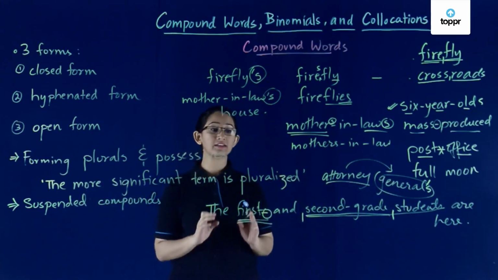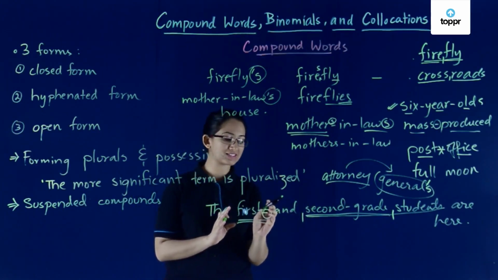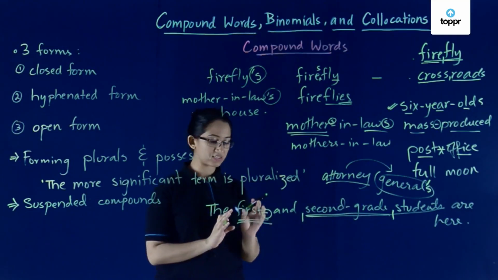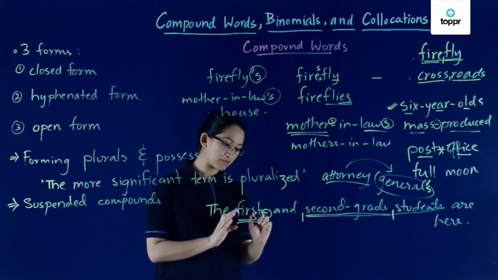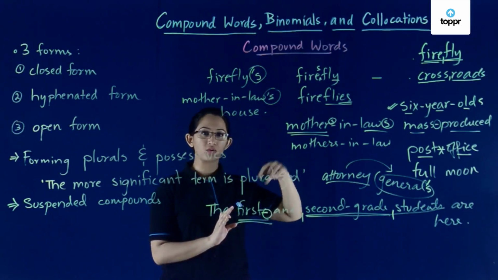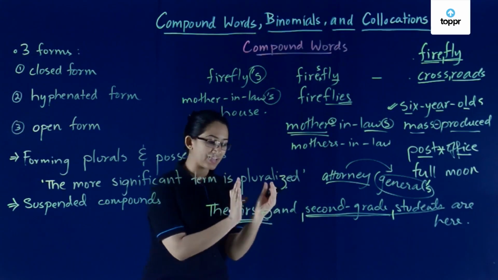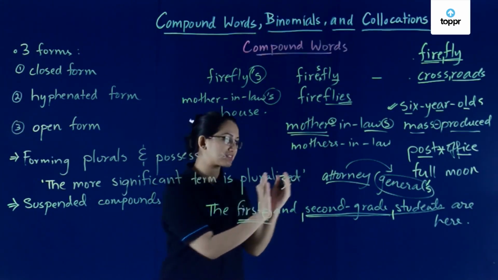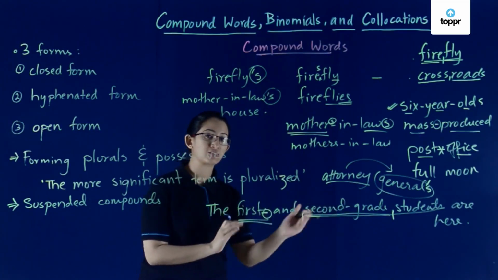Make sure that if you want to form these suspended compounds, they have the same ending. It cannot be that this part has a different ending and you have missed it out by placing a hyphen, thinking, oh, it is a compound word, so is this, so I can just place a hyphen. No, it doesn't work that way. The ending of the first word has to be the same as the ending of the second word. Only then can you form these suspended compounds.